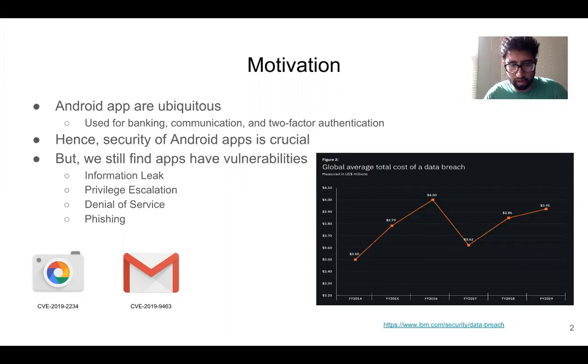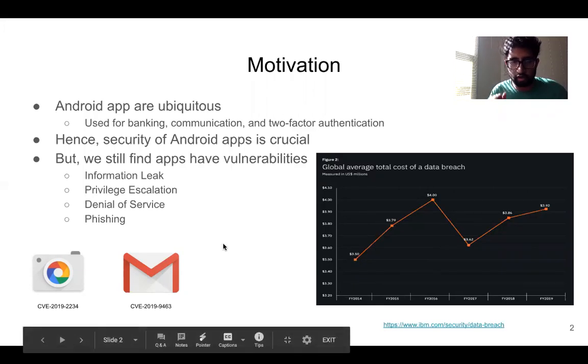For example, we found a couple of vulnerabilities in the Google Camera app and the Gmail app that allowed the leakage of private information, and it allowed a malicious app to exploit the vulnerabilities and carry out a denial of service attack. A recent study by IBM shows that the average cost of a data breach is quite high, which means that if vulnerabilities are found in apps, they can be quite expensive to fix.